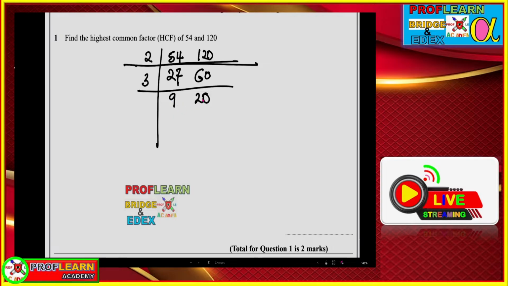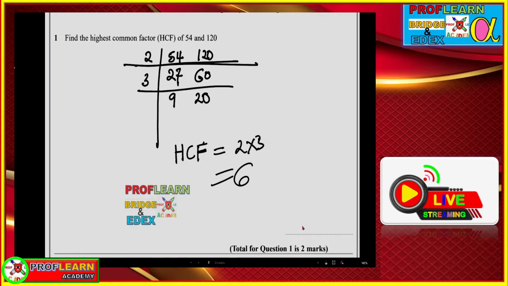So you can see there is no number that can divide both 9 and 20. So meaning the highest common factor, let me just write this properly. Highest common factor is going now to become 2 times 3, which is going to translate to 6.